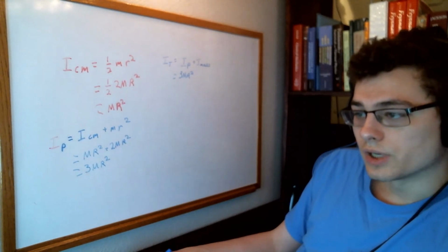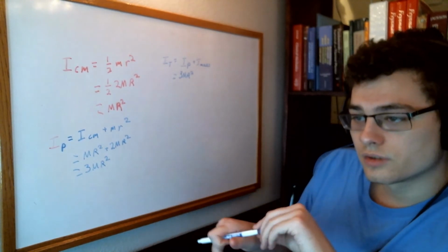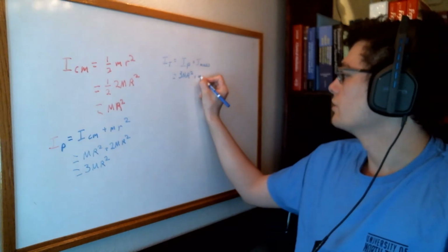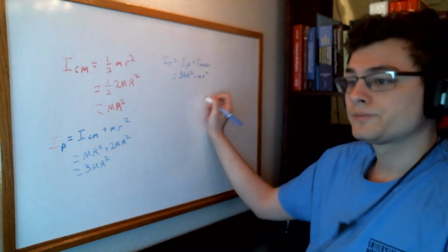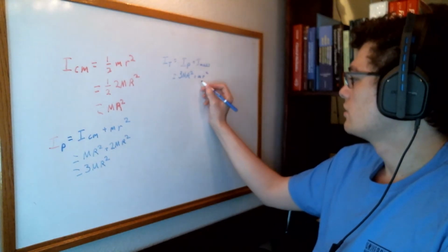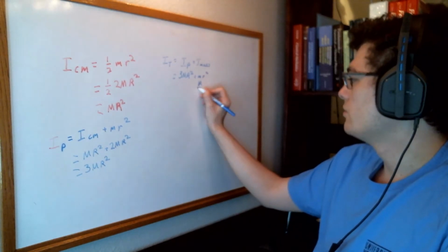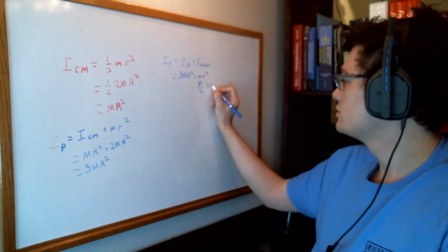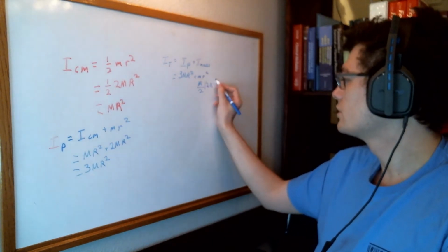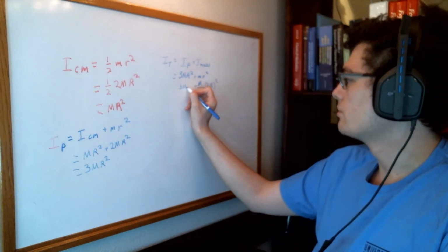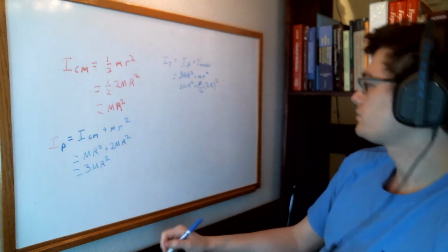And so from here, we just have to start plugging in stuff. Oh, and this mass here is going to be 1/2 of the disk. So this is going to be little m r squared, right? And so then m here is going to be m over 2 times 2r squared plus 3m r squared.